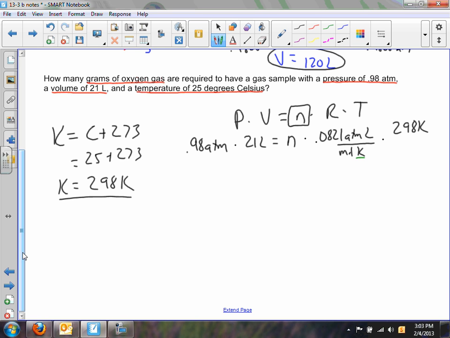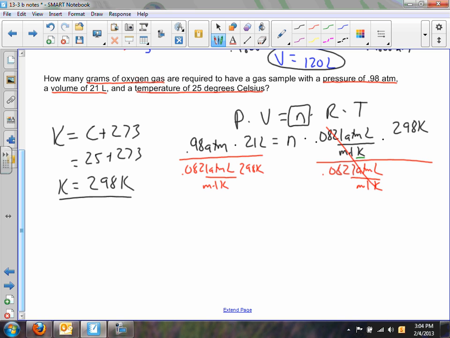In order to find N, I'm going to divide both sides by 0.0821 atmosphere liters per mole Kelvin and 298 Kelvin.